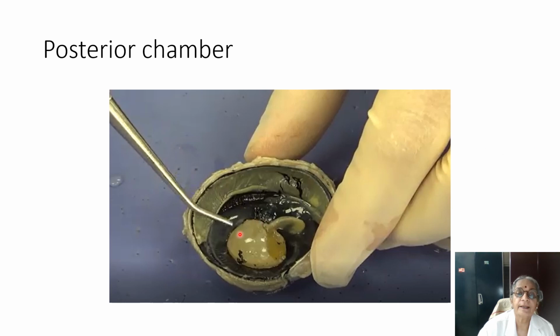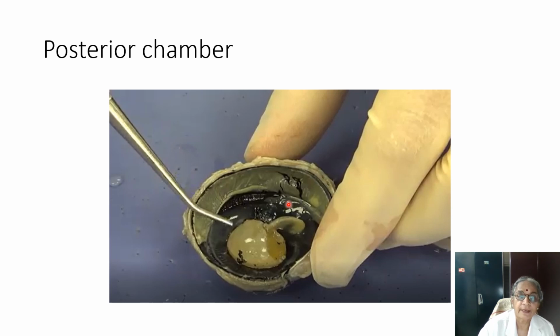And if you keep the lens in place, now identify the posterior chamber between the lens and the iris, and behind this lens, posterior to the lens, what you will be seeing is the vitreous humor or vitreous body.